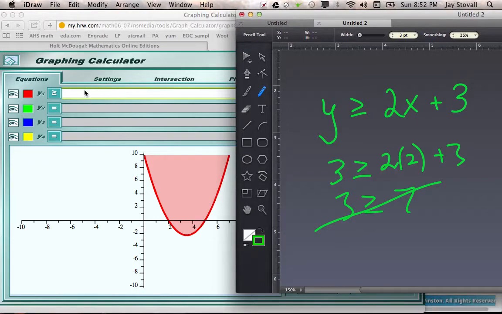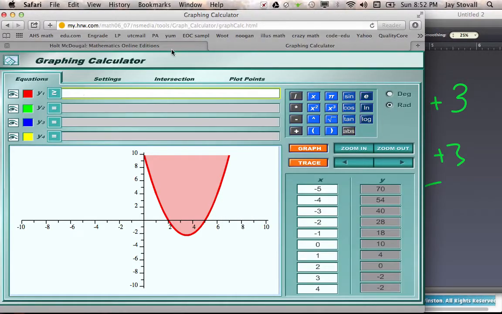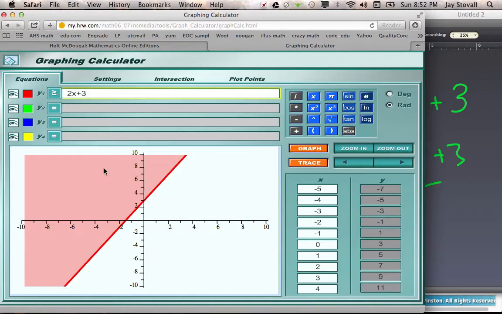Remember, if we've got a linear inequality in two variables like y is greater than or equal to 2x plus 3, we can graph it. And what we will see is something like this, where the shaded region represents every coordinate pair that satisfies the linear inequality.